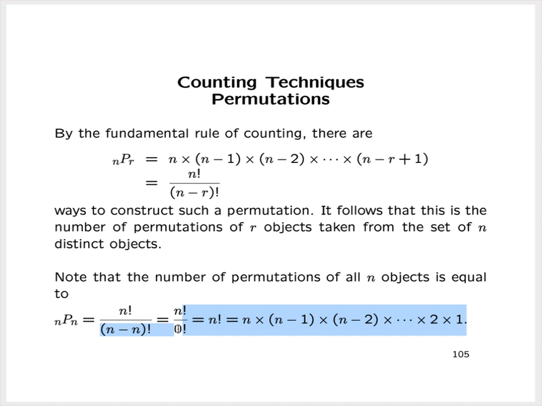Let me point out that the denominator here, 0 factorial, is not 0. By definition, that is 1. So it turns out that this is equal to n factorial. And so that is the number of ways of permuting n objects taken all n at a time.